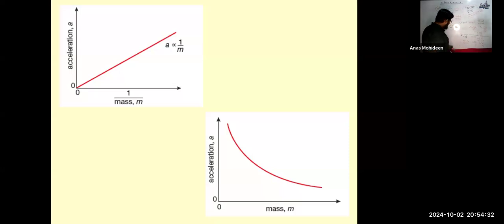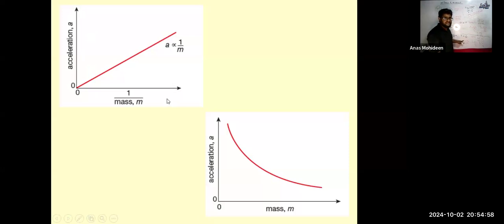And again, I wrote another. Can you remember? Acceleration, this alpha symbol, I wrote in another way. What is the other way? I took it as a is proportional to 1 over m. So you see there, acceleration directly proportional to 1 over m, and these two factors if you are using on the graph, you can see acceleration on one side and the other side it is not just mass, it is 1 over m.